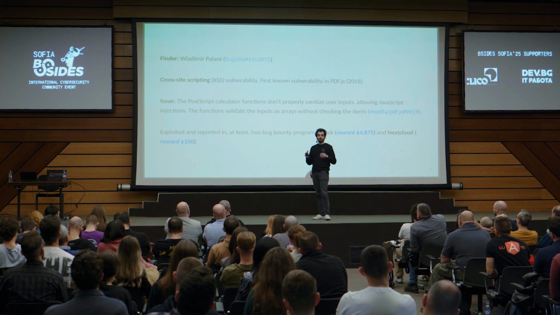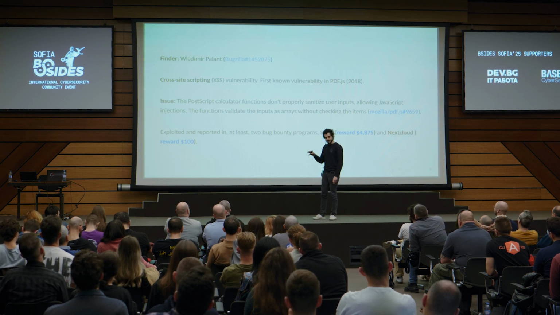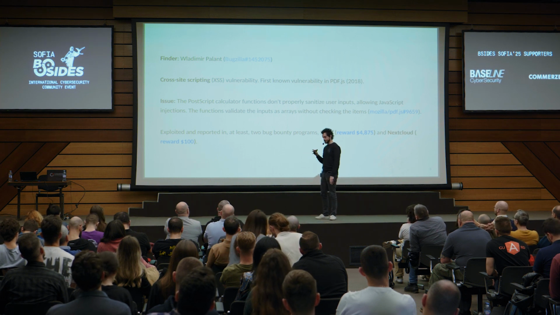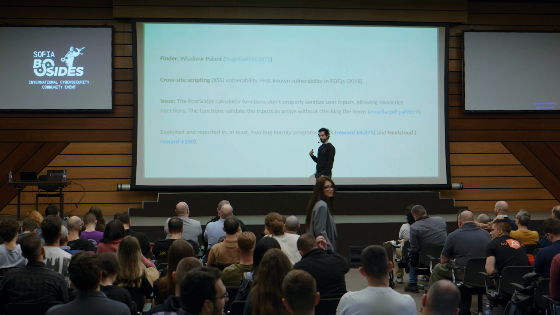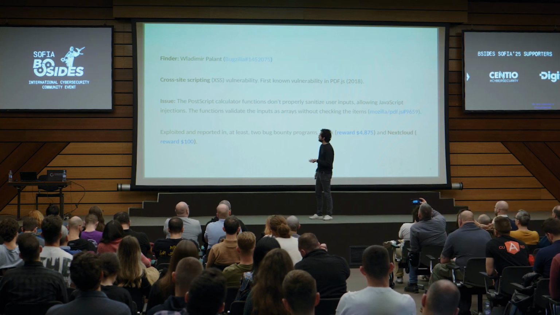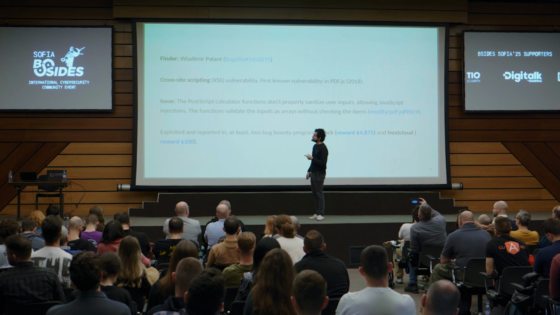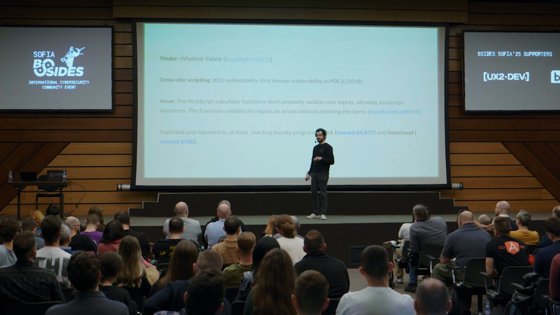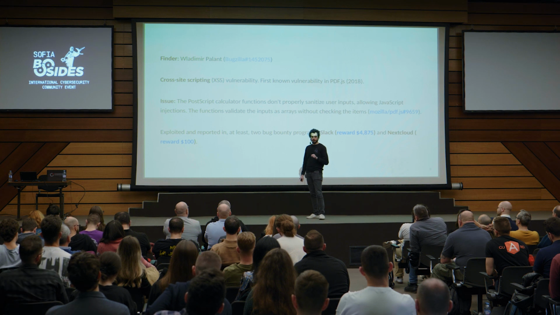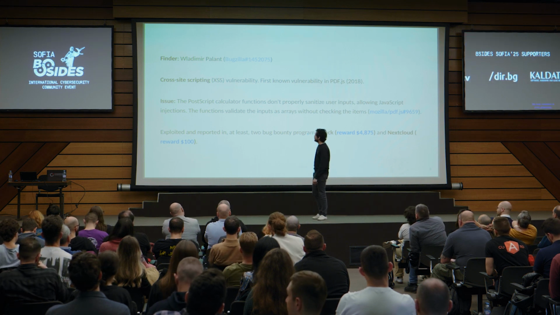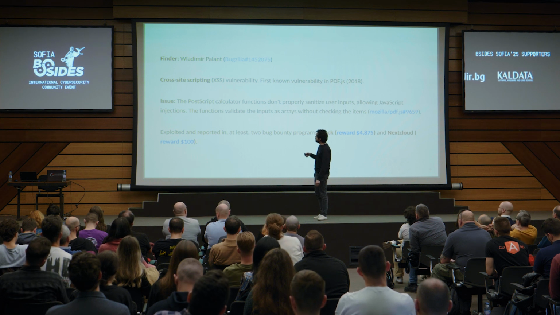The vulnerability was reported using Bugzilla, the Mozilla open source self-hosted platform to report bugs, not just vulnerabilities, and it was reported by Vladimir Palant. I don't know if you already know this person, but he is the original author of AdBlock Plus. So he was quite good at writing JavaScript code. He found cross-site scripting vulnerabilities.